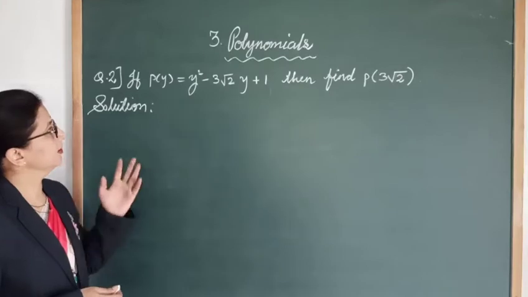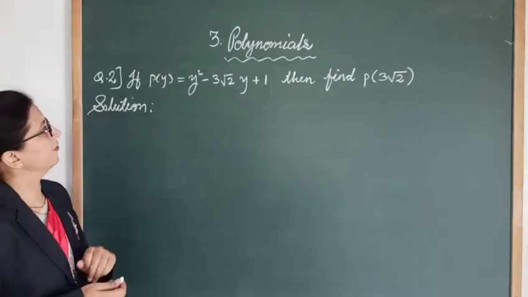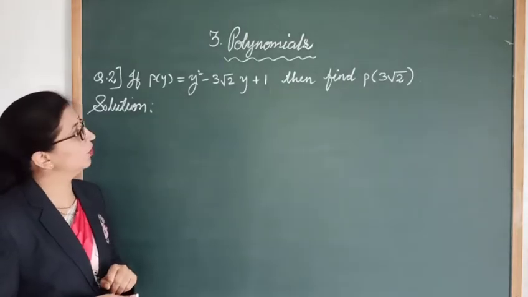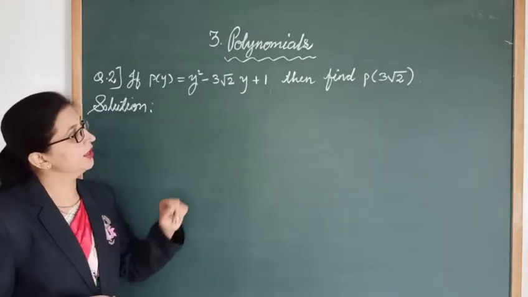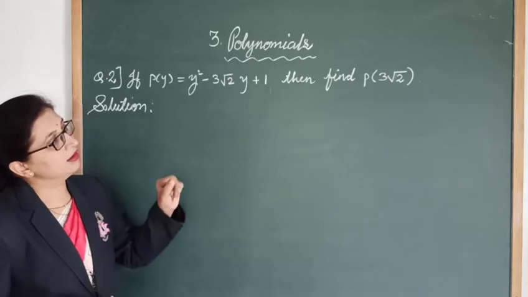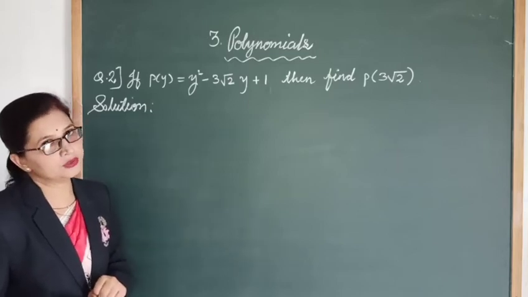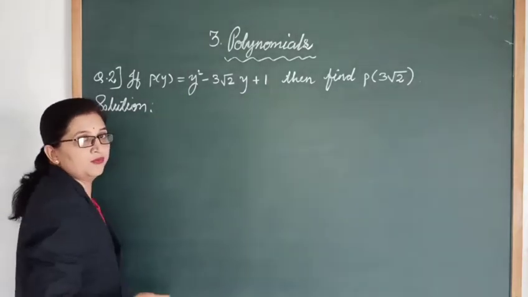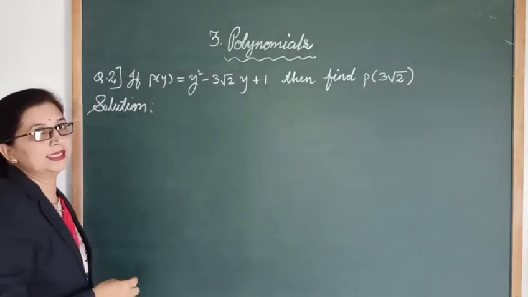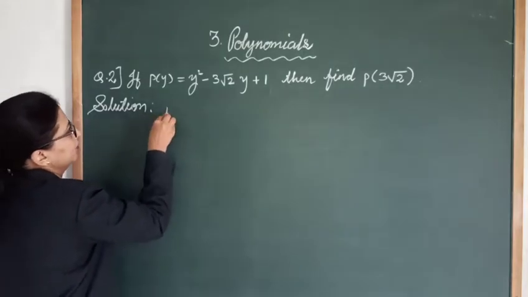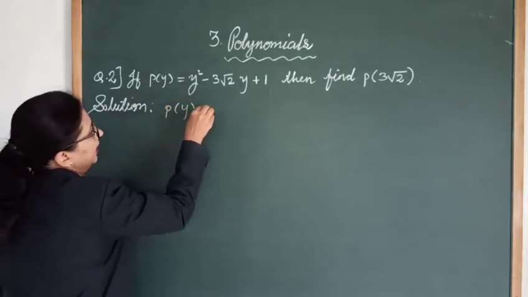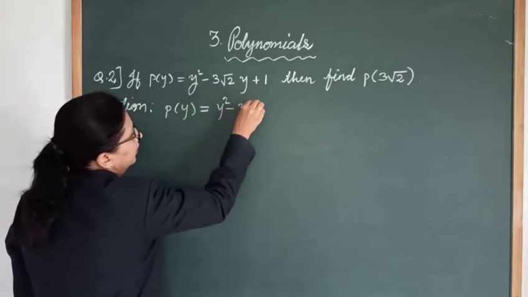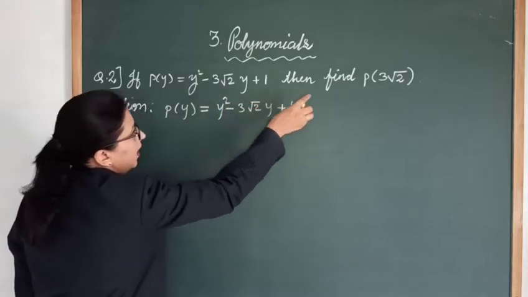Now let's see the next example. If p(y) is equal to y square minus 3 root 2 y plus 1, then we have to find p(3 root 2). Here, instead of y, we put the value of y as 3 root 2. So first let's write down the given polynomial in y, that is y square minus 3 root 2 y plus 1.